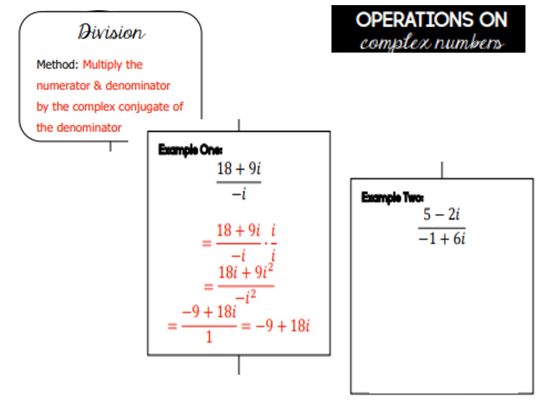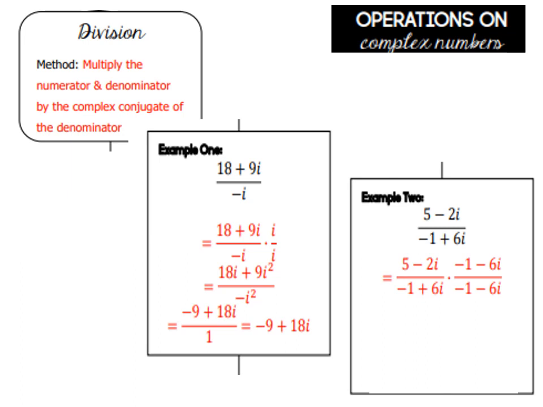On example 2, our denominator is negative 1 plus 6i, so its complex conjugate is negative 1 minus 6i. So we multiply that top and bottom. And we have to FOIL, or distributive property.